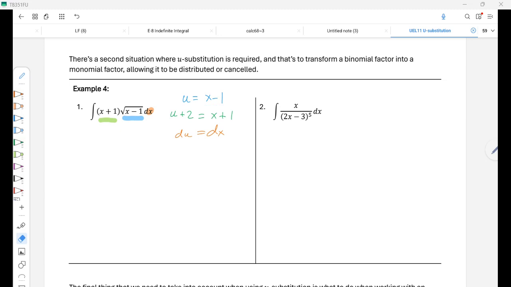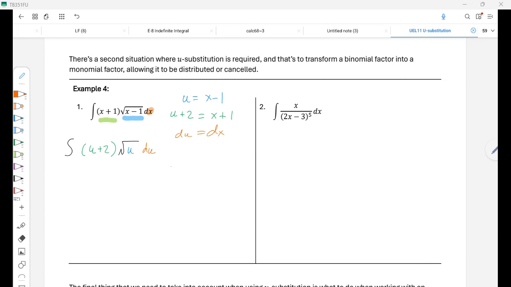So now we are going to get an algebraically equivalent integral. And that algebraically equivalent integral is going to be the quantity of u plus 2 times the square root of u, and then du.